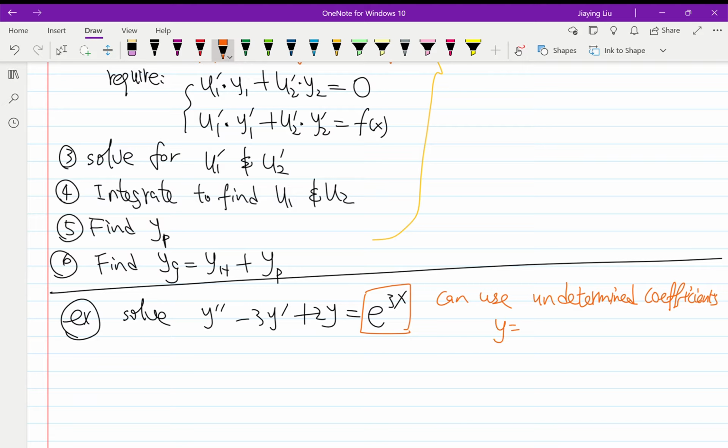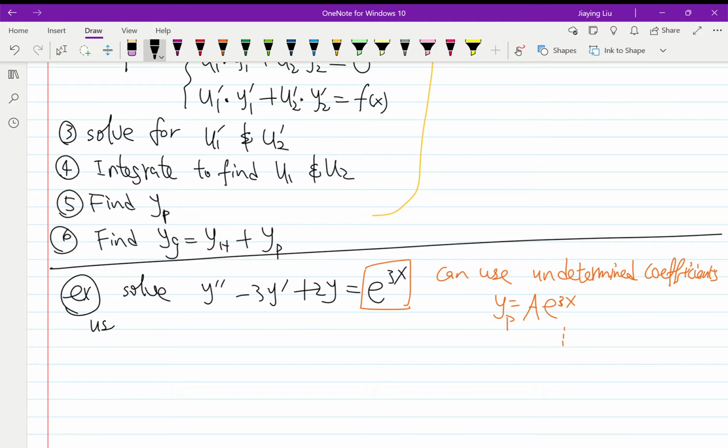We would guess the particular solution y equals A e to the 3x, and then solve for A from there. But that's not what we're going to do. If you want practice, I really recommend doing that. What we're going to do is use variation of parameters. We should end up with exactly the same answer at the end for a particular solution.